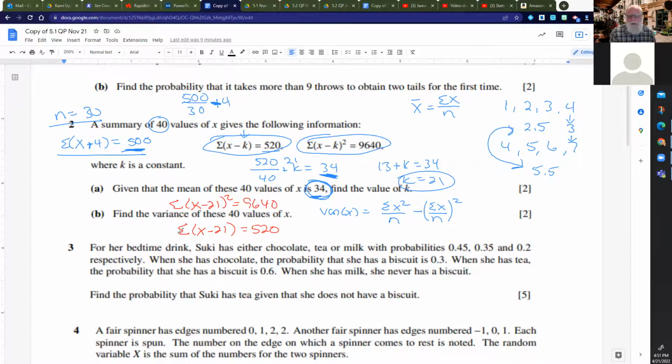Now, like I said, if I want to find the variance, I literally am going to do this exact same thing, only I'm going to do it with these values I've got. So instead of it being x squared, it's going to be x minus 21 squared. What's the sum of all the x minus 21 squares? 9,640. And what's my n? 40. Okay. Now, what's the sum of my x's? 520.